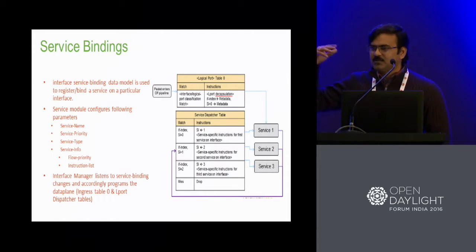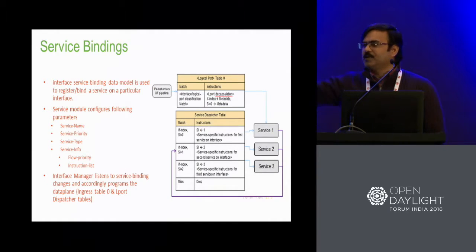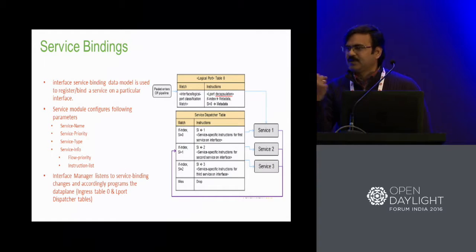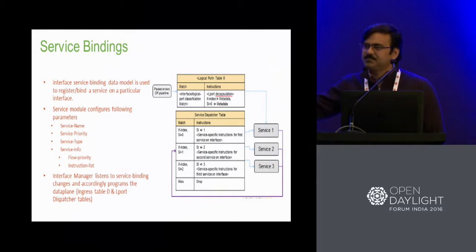Whatever actions the service has given, it simply applies those actions. In most cases, these actions are to go to a particular service-specific table, and from there on the service takes over. So this is how service binding works.